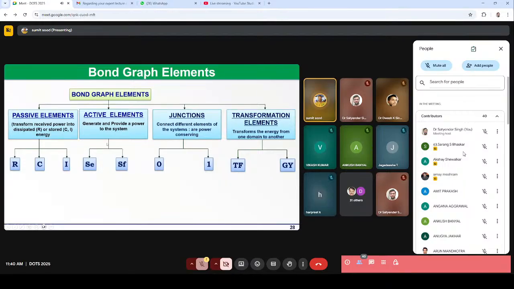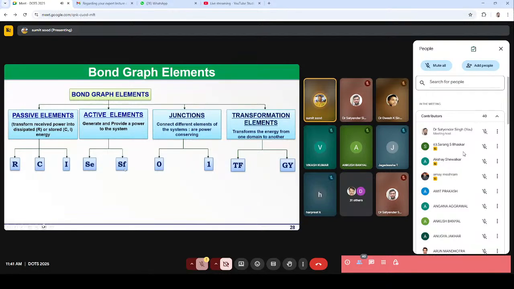Then there are active elements that are the active source of power. There is SE, that is represented as the source of effort, and then there is SF, that is the source of flow. In the case of source of effort, for example the voltage source, the voltage is the effort, so the source will be called a source of effort.